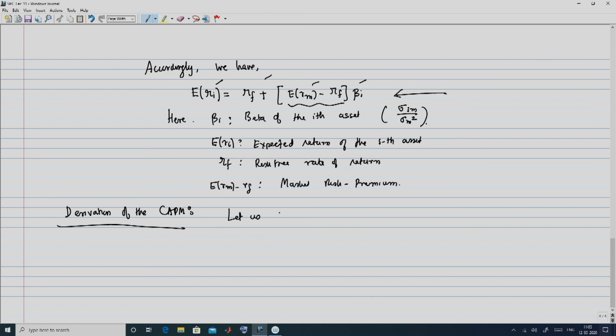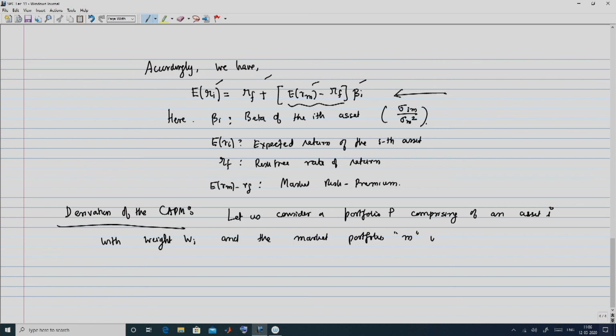So, let us consider a portfolio P, and this portfolio comprises an asset I with weight Wi and the market portfolio M with weight 1 minus Wi.